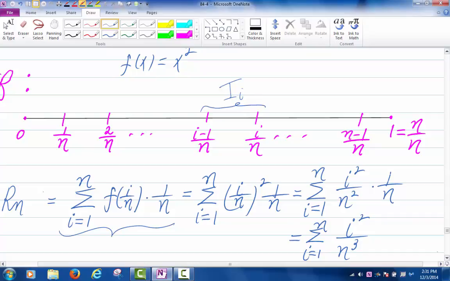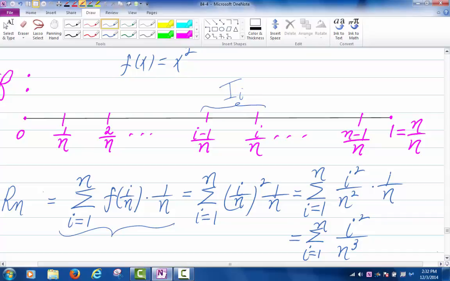That's what I obtained after I evaluated f of i over n. Again, f of i over n is i over n squared. Well, what is i over n squared? i squared over n squared, right? And then n squared and n can be combined into n cubed. Is everybody okay with that? So that's the sum for Rn, right?